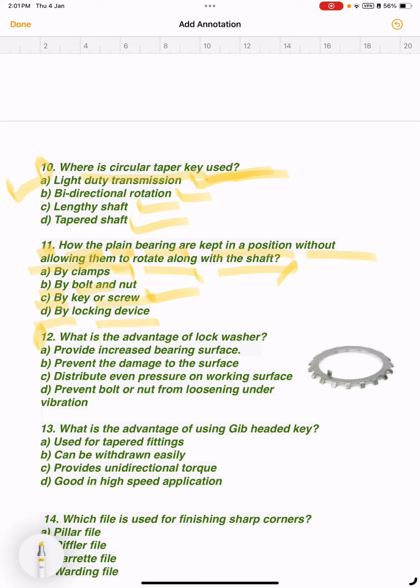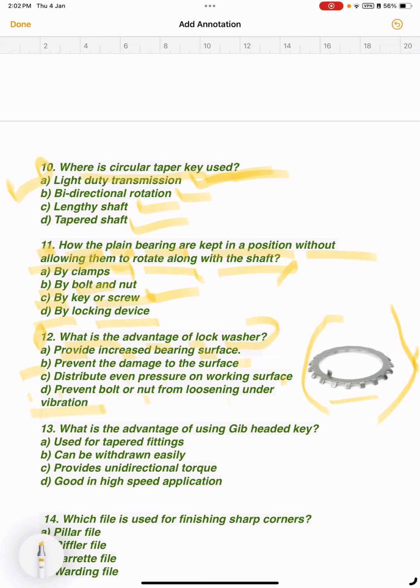Next, question number 12. What is the advantage of a lock washer? This one shows a lock washer, used in vehicles at required positions. Provide increased bearing surface, prevent damage to the surface, distribute even pressure on working surface, prevent bolt or nut from loosening under vibration.